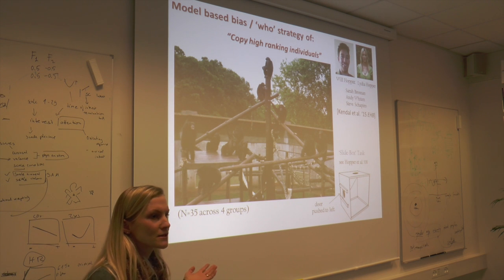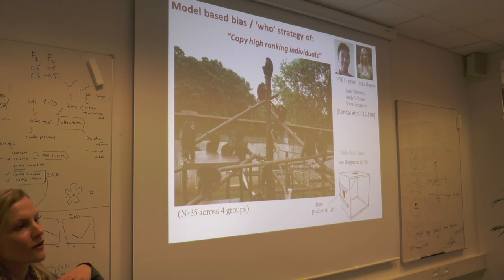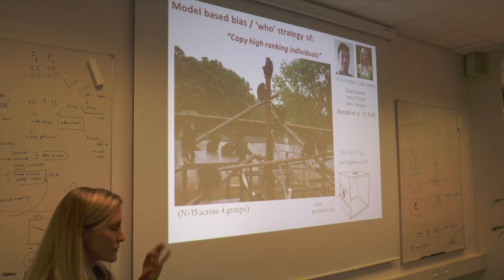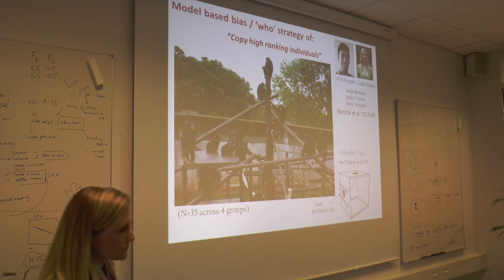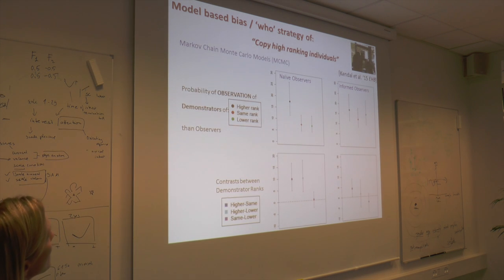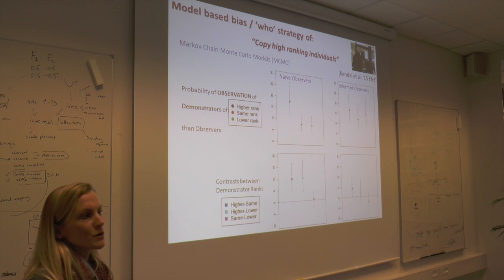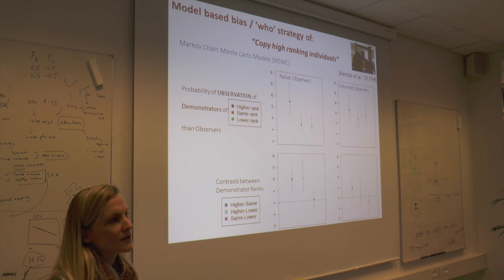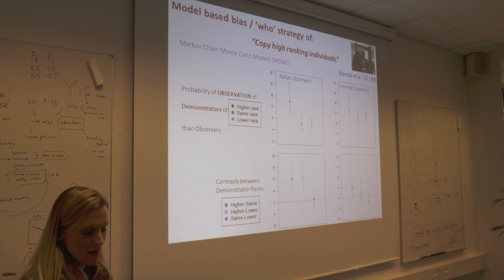Okay, so I'm bringing you back to the chimpanzee study. We looked for a whole variety of transmission biases. Again, we're just looking at whether chimpanzees push this door to the left or right. We used MCMC methods again to look at the probability that individuals observed demonstrators or models using the task who were of higher rank than them, the same rank as them, or lower rank than them.